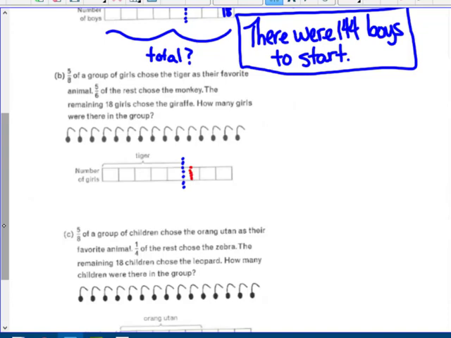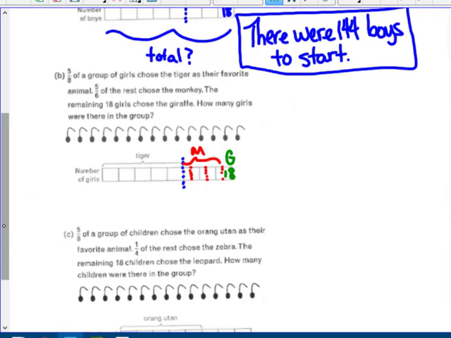If I cut those in half, that's 6. 5/6 of the rest chose the monkey. 1, 2, 3, 4, 5. So only from here over. So this is the monkey. The remaining 18 girls chose the giraffe. So only this little part right here, this 18, is the giraffe.